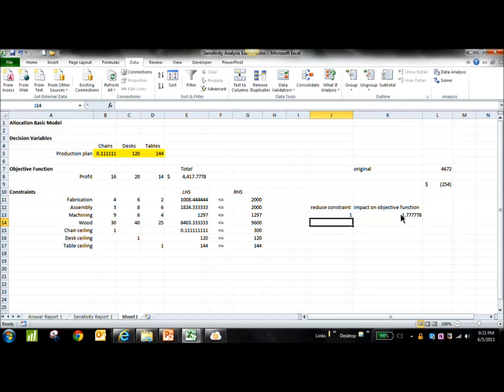If we reduce it by 1, it changes it by 1.77. If I reduce it by 2, it will change it to 3.5576. If I reduce it by 3, see, and it continues.